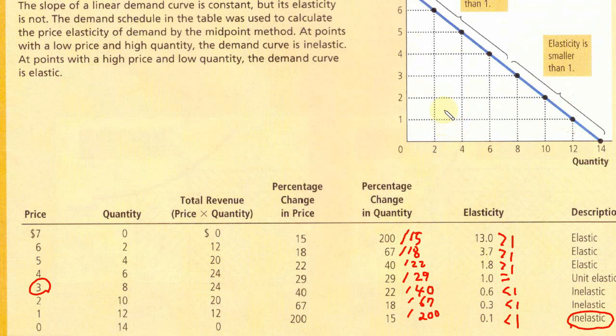So, I hope you can understand this table well. If you see this one here, the slope of the linear demand curve, this is the linear demand curve, and this is the slope. The meaning of slope is this: rise divided by run.